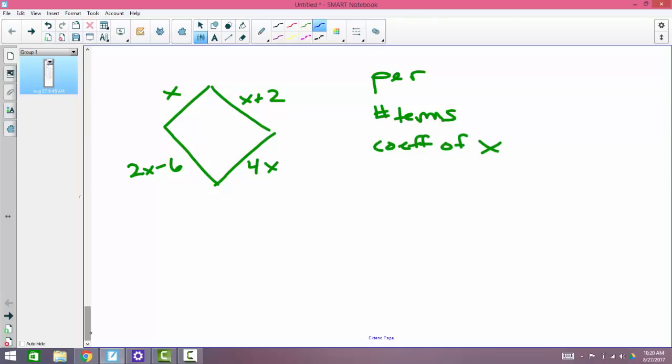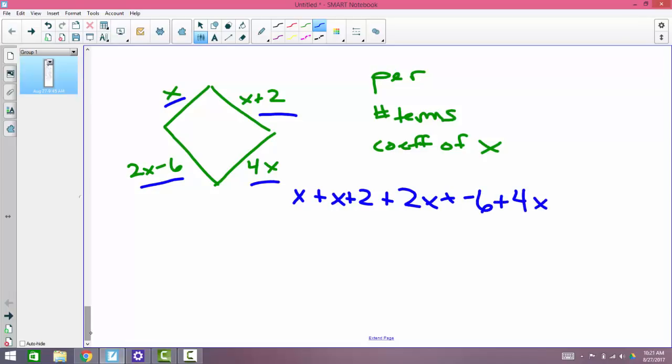If you're stuck, the perimeter is adding up all the sides. So it would be x plus 2, it doesn't matter the order, plus 2x minus 6. We could make that plus a negative 6. And 4x. In fact, you should make it plus a negative 6.